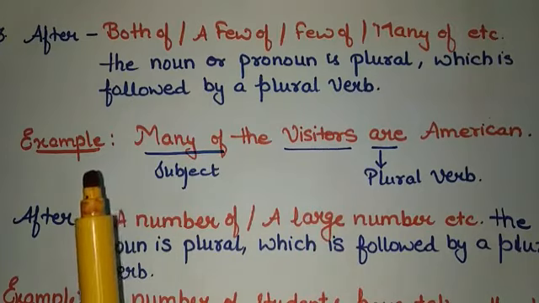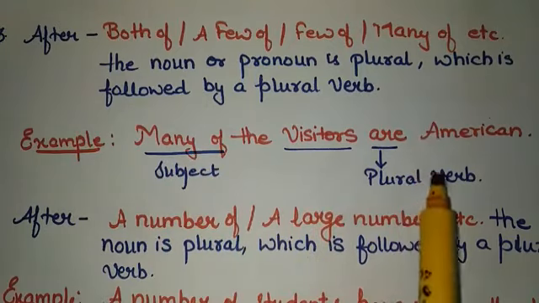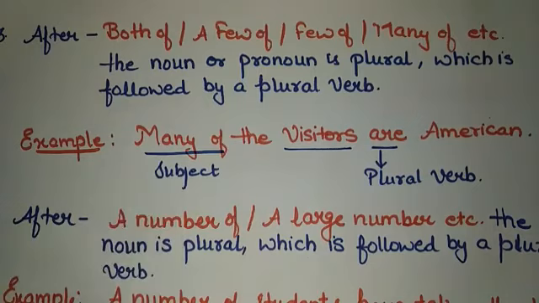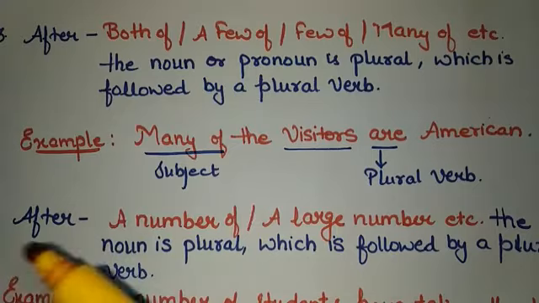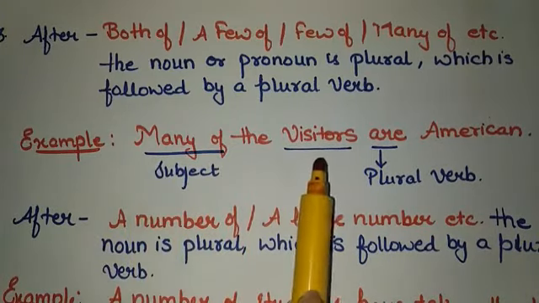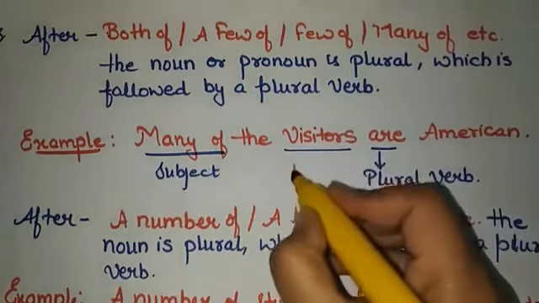So, example says, many of the visitors are American. See, here I am talking about not only a single visitor, I am talking about one or more than one. Like there can be 2, 3, 4 and so many numbers. So, many of the visitors are American. Visitors, we know it's a plural.